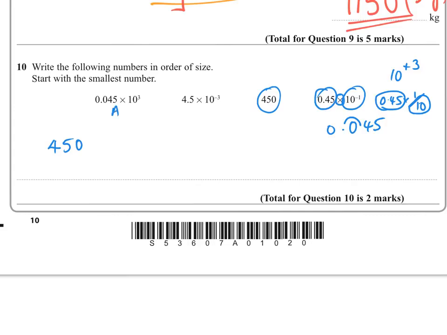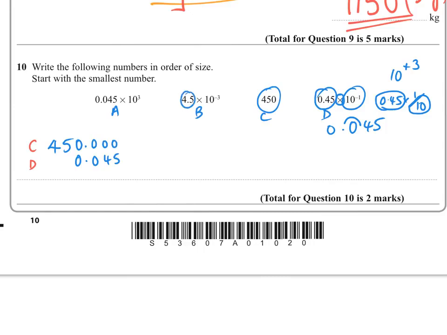So I'm going to label these A, B, C and D. And so here's my C here. I'm now going to do D, and that's going to be 0.045, and I'm just going to put some noughts in here to help me.